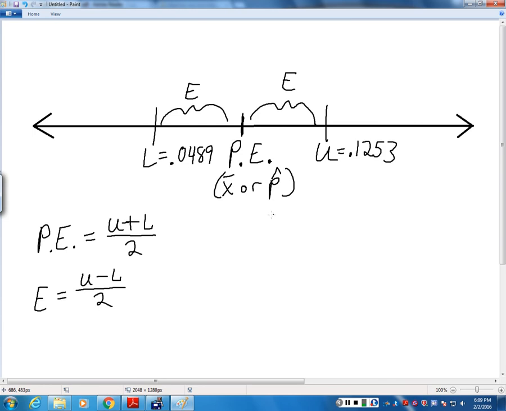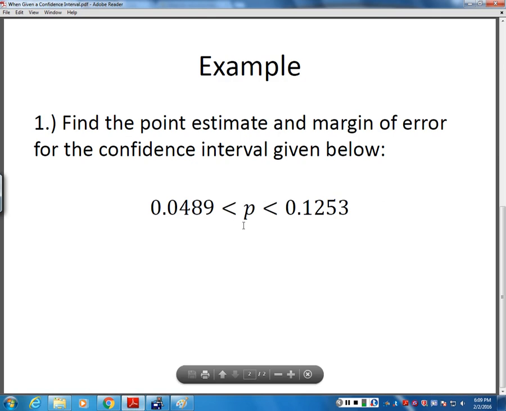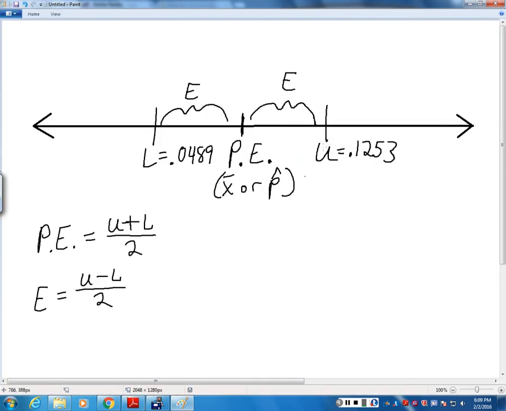So we'll use the formula to find the point estimate, and keep in mind that for this point estimate we're talking about p hat because the confidence interval is for the population proportion. So p hat will be the upper plus the lower divided by 2, which is 0.1253 plus 0.0489, all divided by 2.